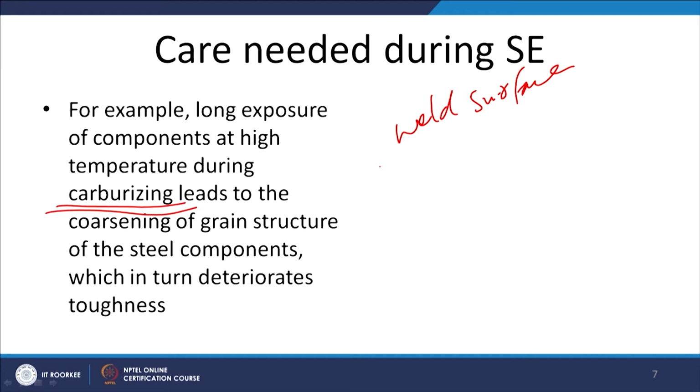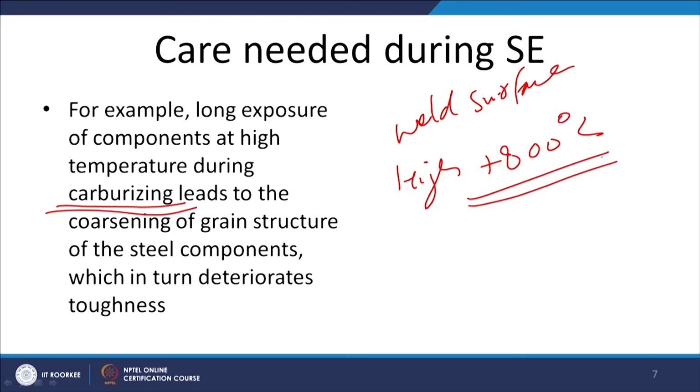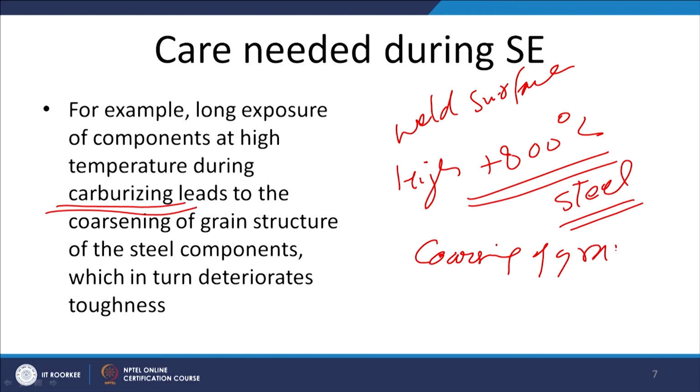Carburizing and nitriding are methods where a high temperature like 800 plus degree centigrade is maintained for a longer period, and if steels are subjected to higher temperature for a longer period, they will be subjected to coarsening of grains.